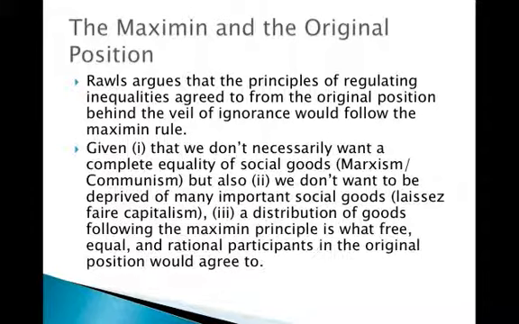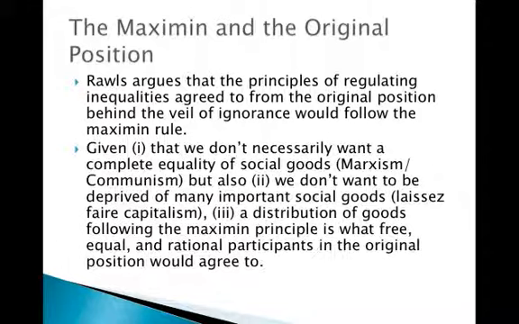Okay, so given that we don't necessarily want a complete equality of social goods, so remember, I guess Society 1 would be like Marxism. Complete equality across the board. But suppose we also don't want to be deprived of many important goods. So suppose laissez-faire capitalism, free market capitalism, leaves the worst off oftentimes in a really bad position.